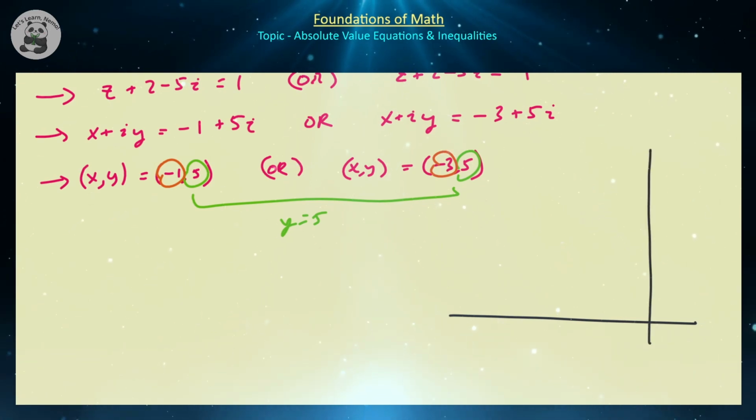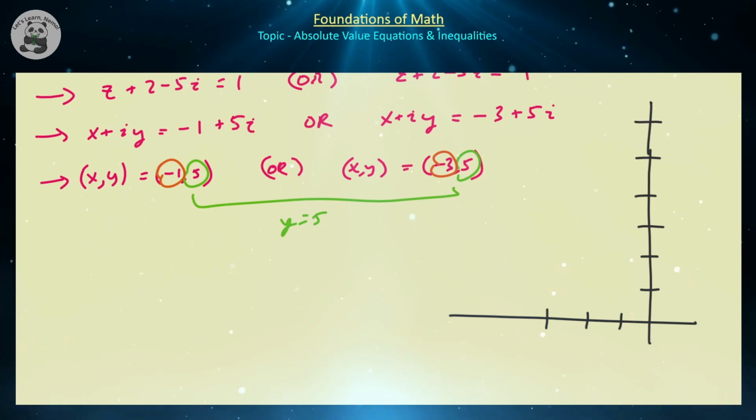Because if we plot this, we're going to have minus 1, minus 2, minus 3, 1, 2, 3, 4, and 5 over here. Let's draw a few points more here. So we're going to have minus 1, 5, which is located here, and then minus 3, 5, which is located here. So these are endpoints of a circle.